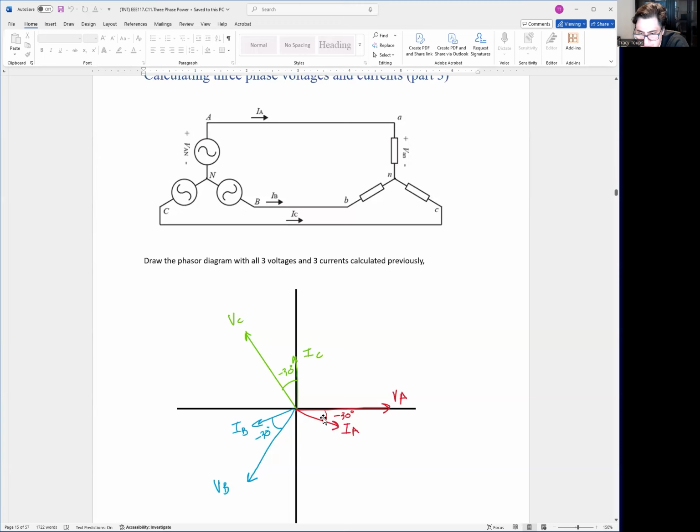They're just shifted negative 30 degrees from their voltage equivalent for that phase. C phase, same as well. We're negative 30 degrees off, and we're going straight up the page. This is either positive 90 degrees or negative 270 degrees. Okay, sorry. Now, if you compare IA, IB, and IC, they will be 120 degrees apart as well, right? The whole thing is just shifted over by 30 degrees.